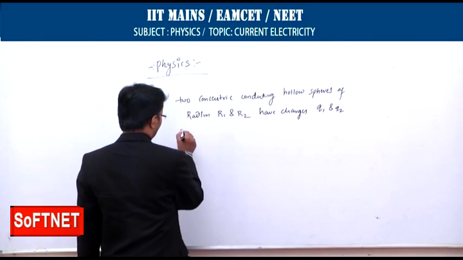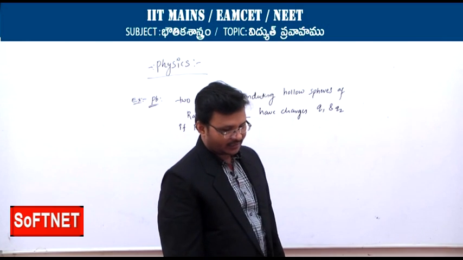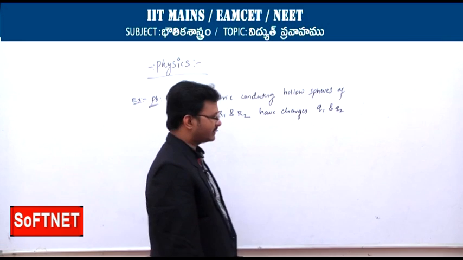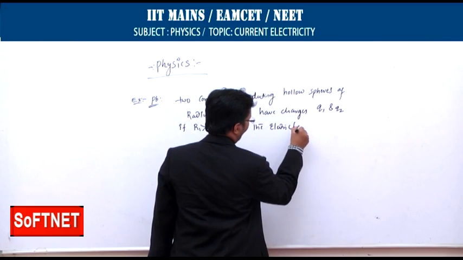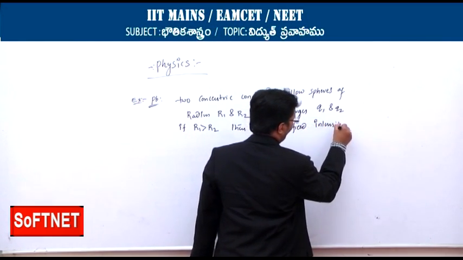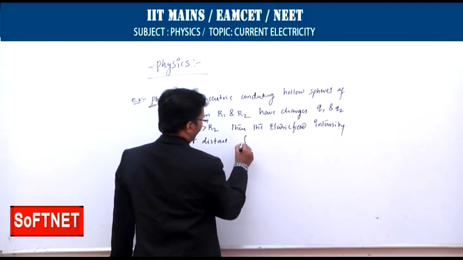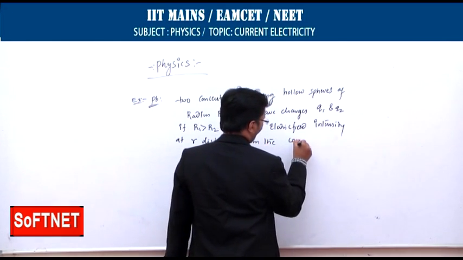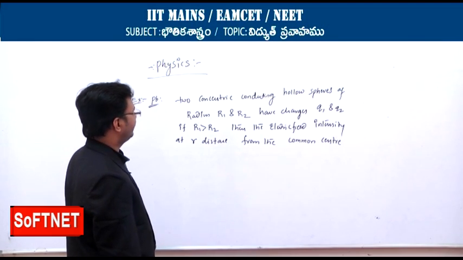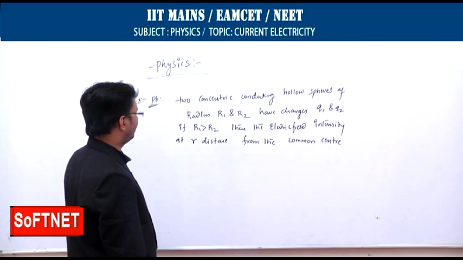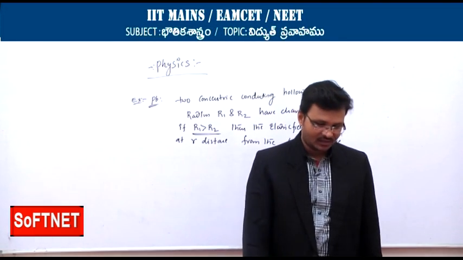If R1 is greater than R2, then what is the electric field intensity at a smaller distance from the common center?